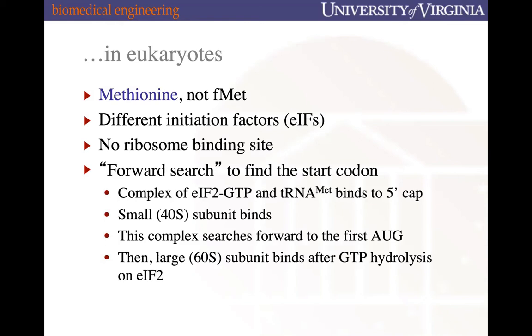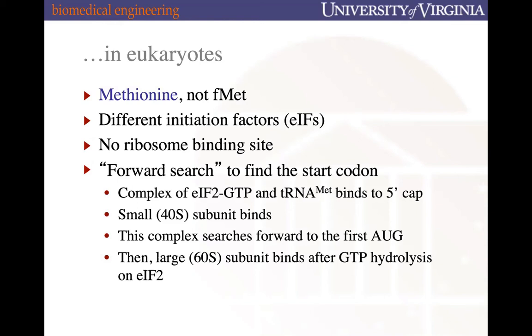Correct. And what will end up happening is that from the 5' cap, the small subunit will begin the search for the start codon. Once that occurs, the transfer RNA from methionine will stop there and interact with that codon at that site.